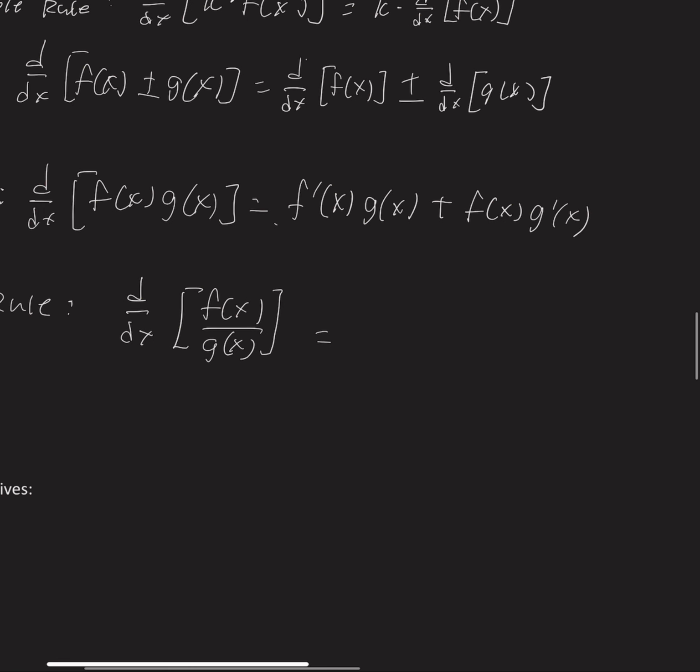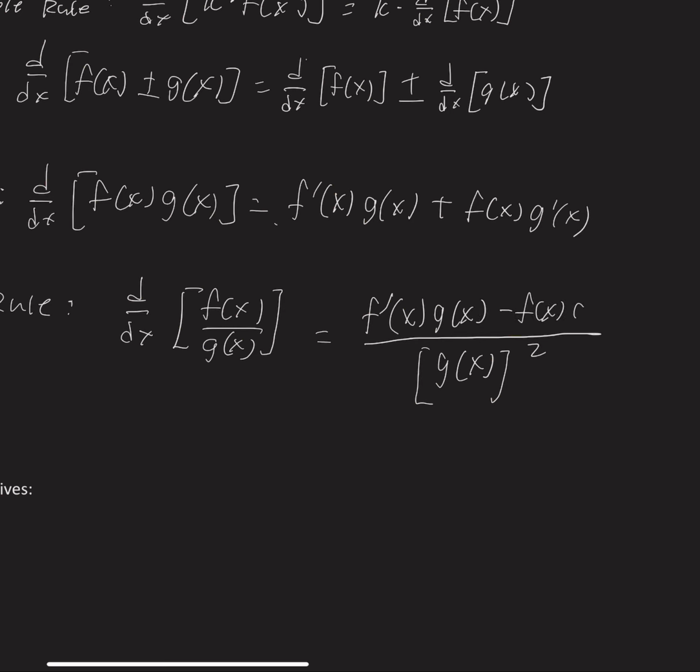It's equal to, let's write the denominator first, g of x squared, and the numerator is f prime of x, g of x, minus f of x, g prime of x.